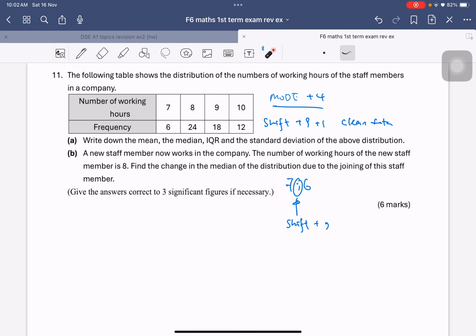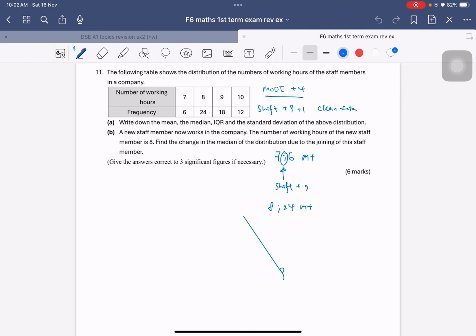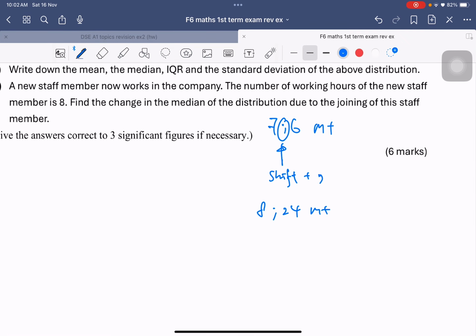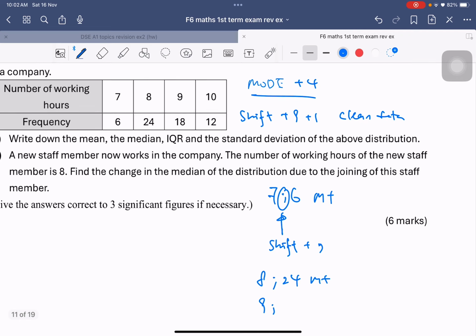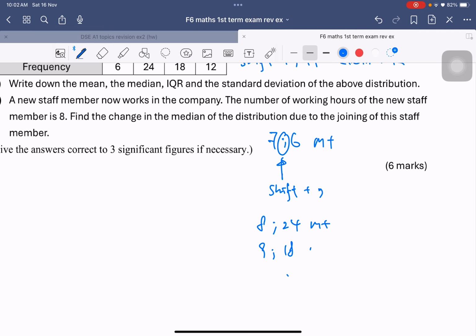So we enter the 7 colon 6, and then you press M plus. So that's the first data, and then you enter this 8 colon 24, M plus. That's the second, and the third one is 9 colon 18, and then press M plus again.